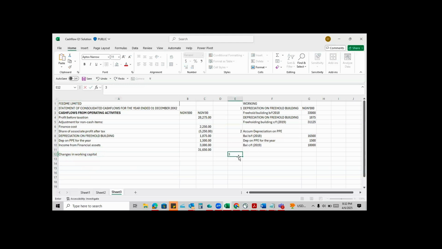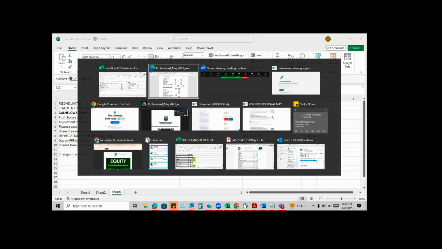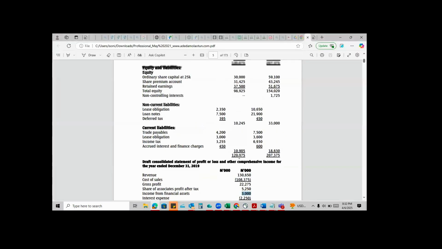Be careful here, because you must not forget that the examiner gave you the breakdown of the assets and liabilities of the subsidiary that they have just acquired. Let me go back to the question so that you can understand what I'm saying.